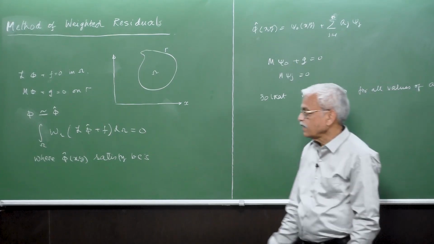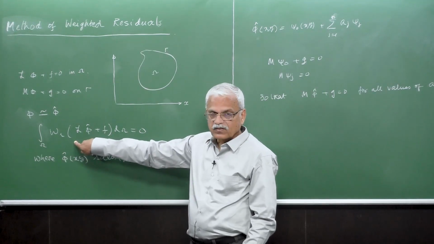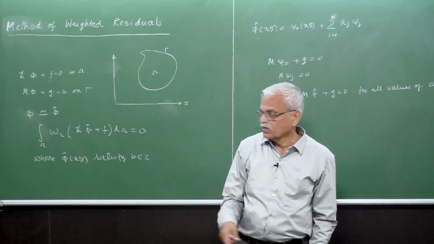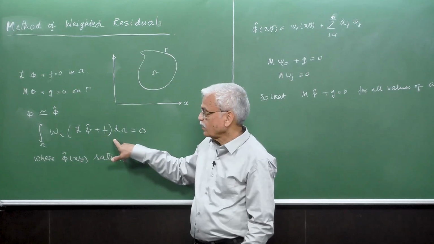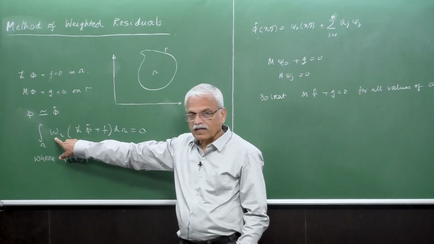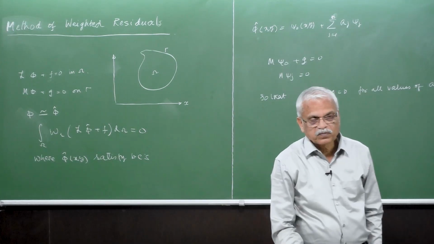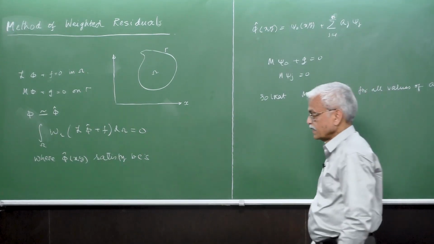So that's exactly what's being done here in the space of functions, functional space, where whatever residual you have, you take its inner product with some function, and then you say that its component or its projection on wi is 0.